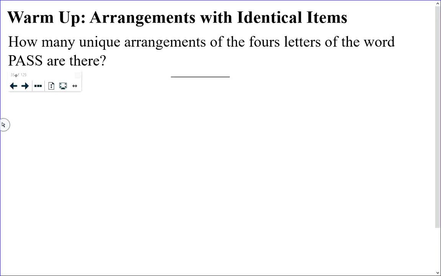Trust me on that. The question is now, how many unique arrangements are there of all of the letters of the word pass? And I want you to notice that when you compare the word pass to past, what's happened is in past, where there's 4 different letters, that T at the end is now going to become an S. And we're going to have 2 S's that are identical.